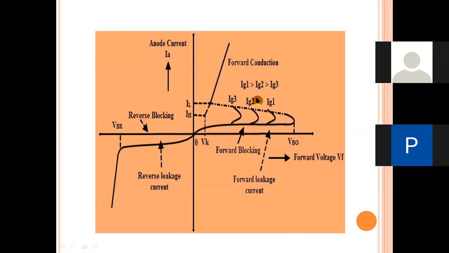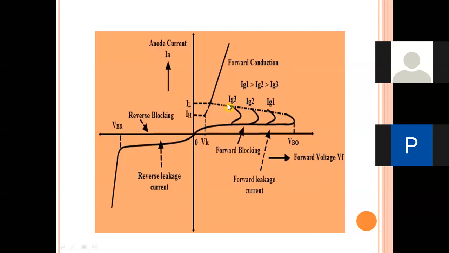If you consider the case of 10 milliamps, let the voltage here be around 80 volts. In the second case, you consider the gate current to be 20 milliamps, then that particular voltage is going to be around 50 volts.